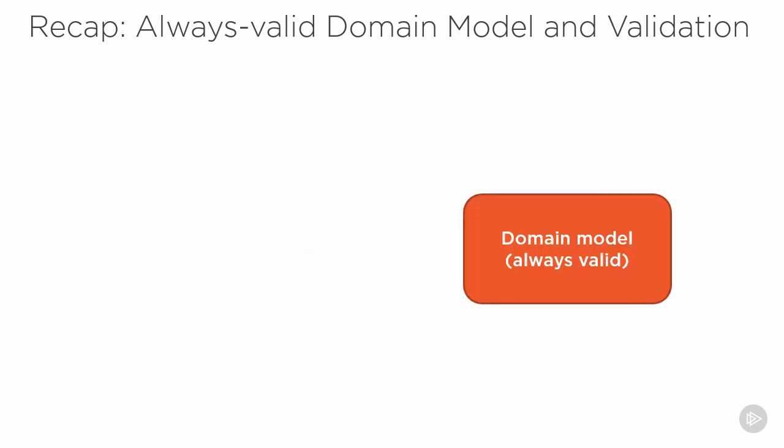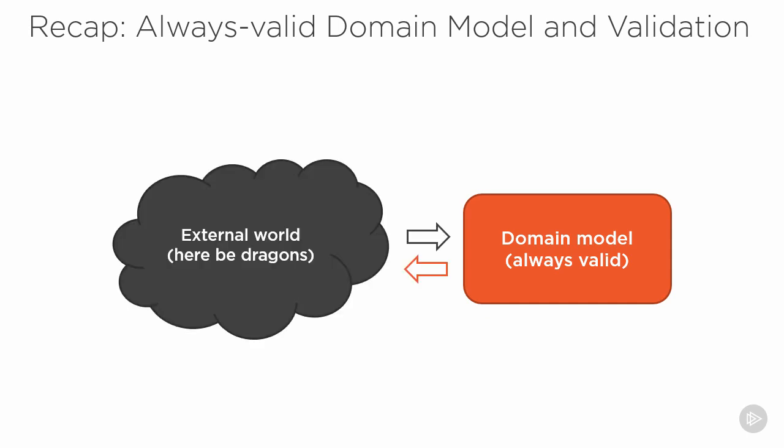You need to adopt the following mental model when thinking of validation. This is your domain model, and this is the external world your domain model communicates with. Your domain model should be valid at all times. In other words, you should use precise sets when modeling your domain entities and value objects, such that those sets perfectly align with the sets for the underlying domain concepts.